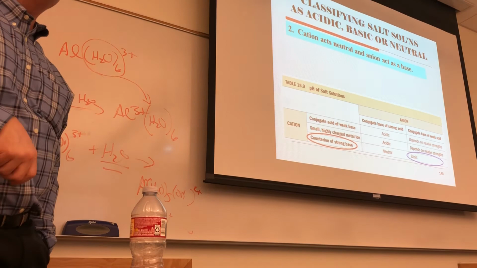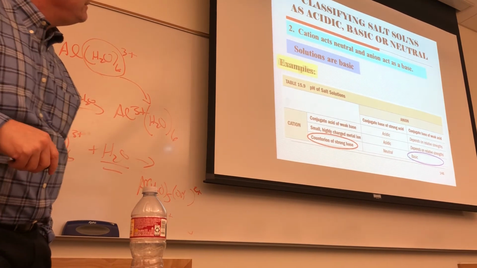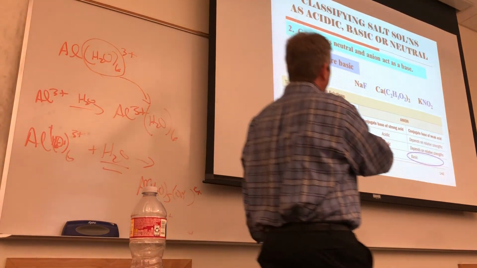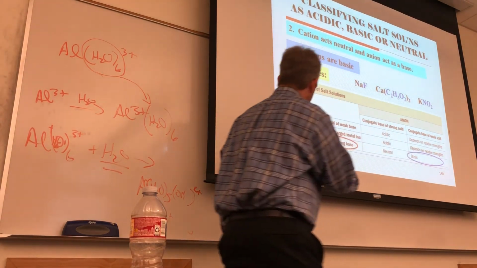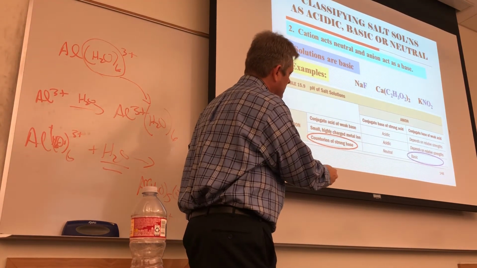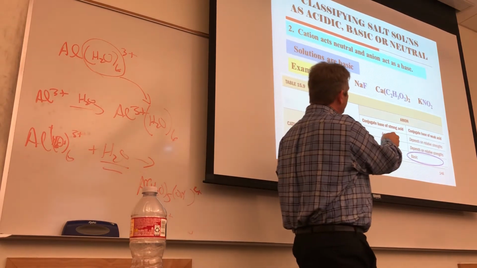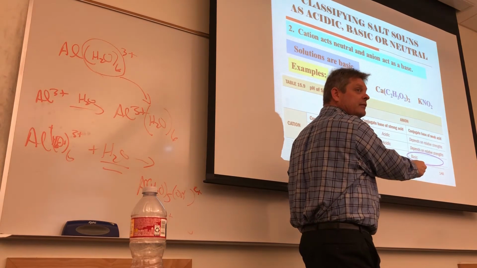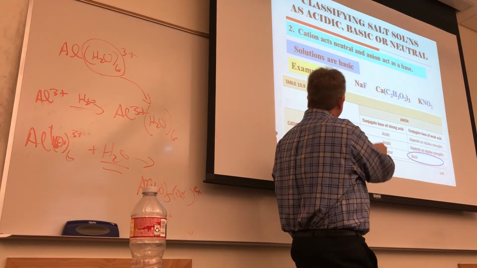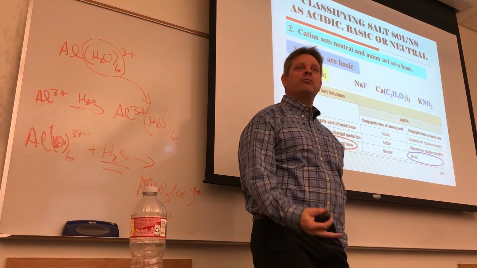If I just look at each one independently, so I'm going to look at sodium fluoride. Sodium's coming off of a strong base. The fluorine is coming off of a weak acid.